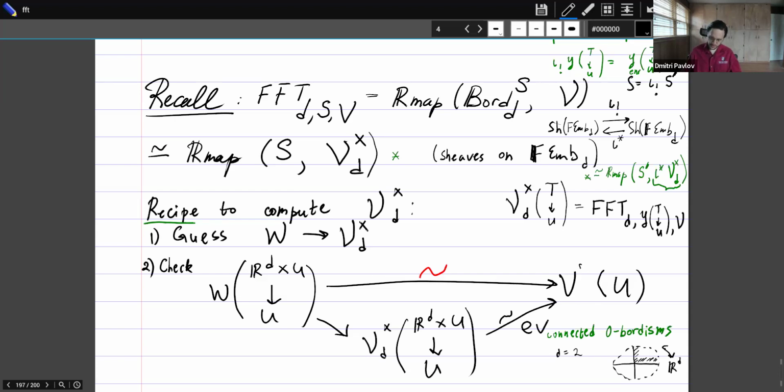I should have mentioned this too. Take fully dualizable objects and take invertible maps between them.